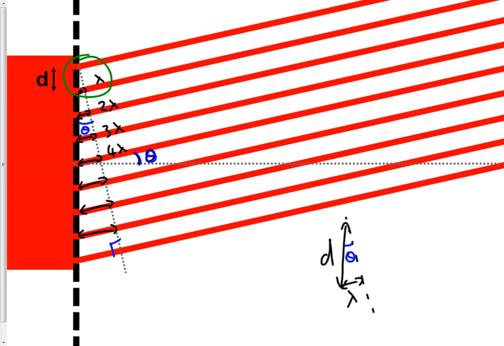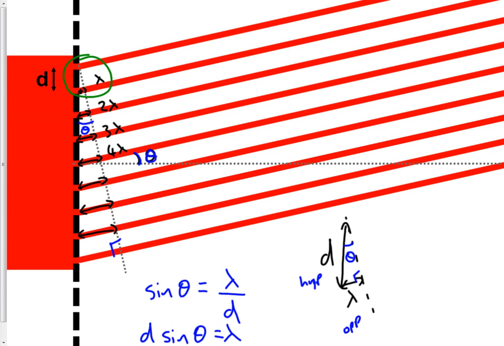So we've got a 90-degree angle there. That means this is the opposite and this is the hypotenuse, so we can say sine theta is opposite lambda over hypotenuse d, or alternatively d sine theta equals lambda. That's the condition for the first bright maximum off center.